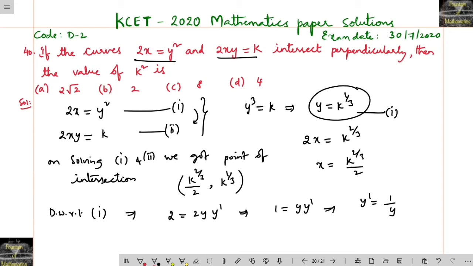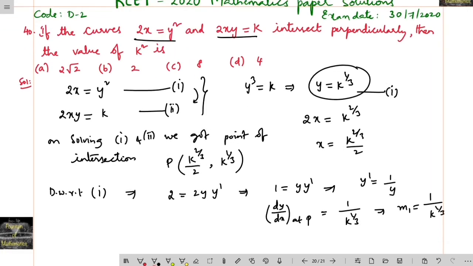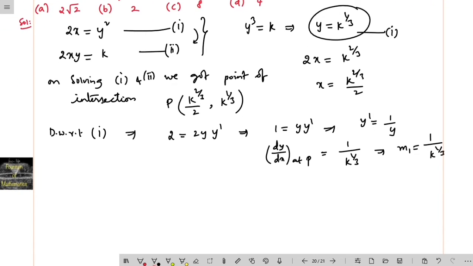Taking the slope at this point, let me take this as the point P, dy/dx at P is equal to 1/y, and y is k^(1/3). So let me take this as m1 = 1/k^(1/3).